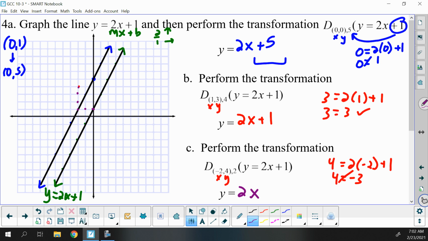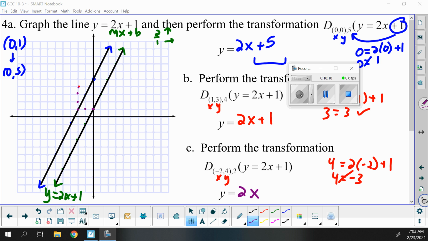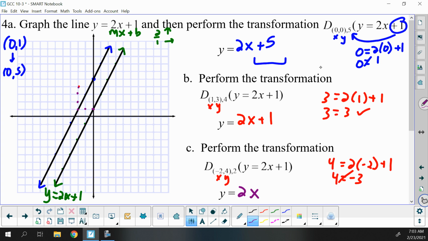So that's already down 3, right 2 once. We need to again do down 3 and right 2. So if we go down 3 and right 2 again, that's going to give us this point here.